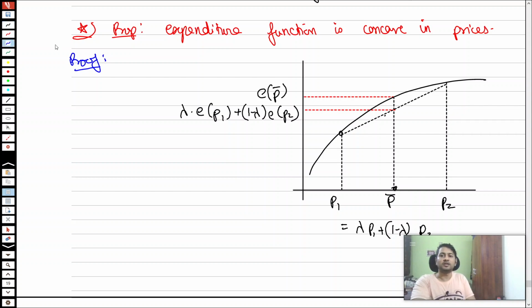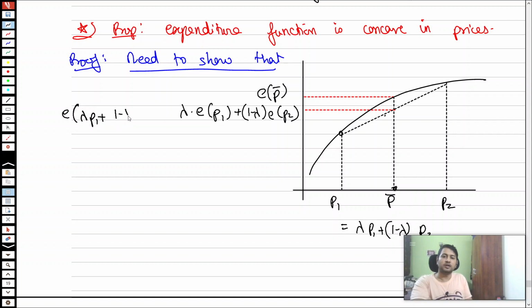So what we need to show is that the expenditure function at lambda p1 plus 1 minus lambda p2 must be greater than or equal to this particular value.